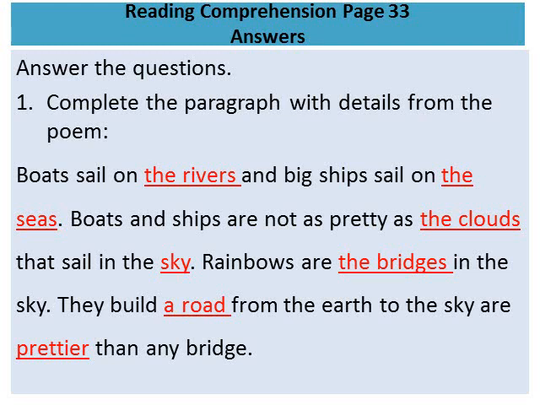Rainbows are the bridges. We have seen in line 7 in the poem that there is a bow which is functioning, which acts as a bridge. So here we can say rainbows are the bridges in the sky and they build a road from the earth to the sky. Are prettier than any bridge. Are prettier means the rainbows are prettier than any other bridge.